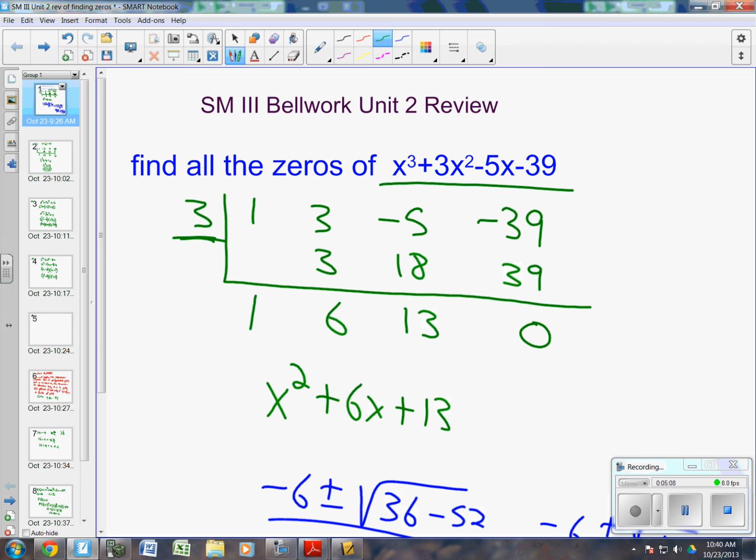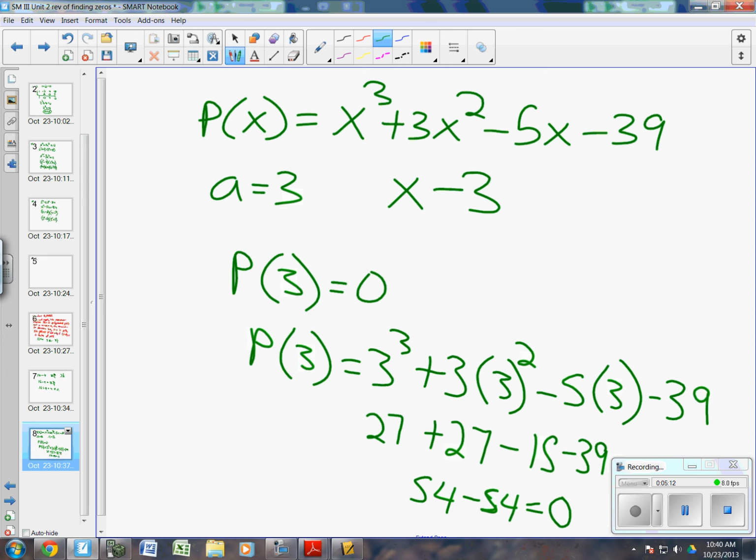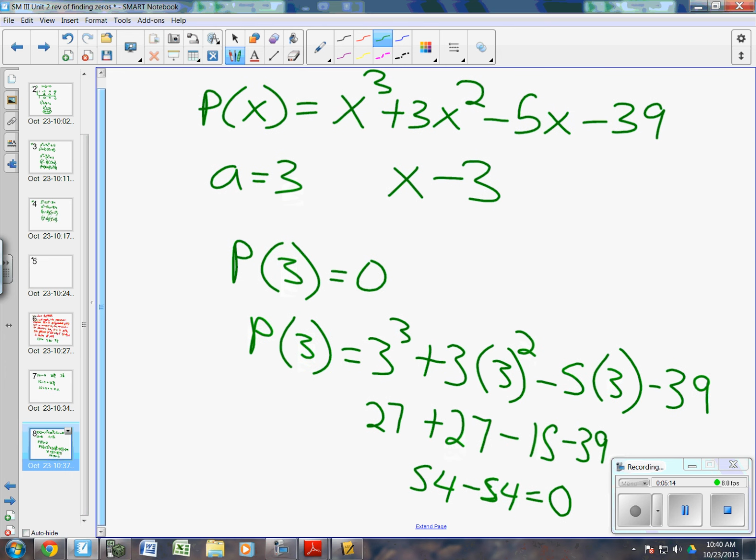Okay? So going back down here, when we plugged 3 in there, we got 0. And I knew we were going to get 0 because I knew that 3 was already a factor of this, right? It was a solution. And x minus 3 is a factor. Does that make sense? We kind of get that idea?